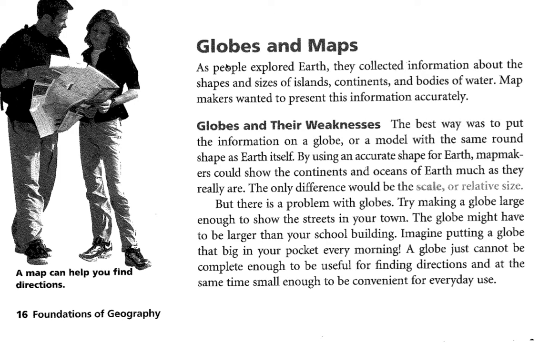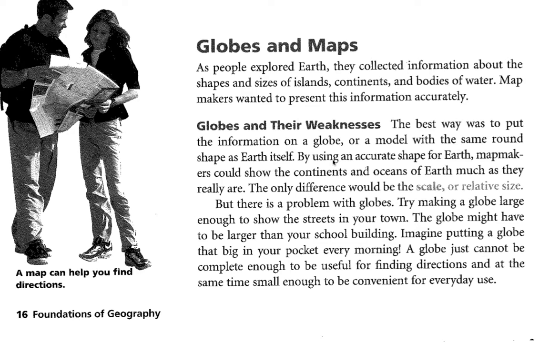Globes and maps. As people explored Earth, they collected information about the shapes and sizes of islands, continents, and bodies of water. Map makers wanted to present this information accurately. Globes and their weaknesses. The best way was to put the information on a globe, or a model with the same round shape as Earth itself. By using an accurate shape for Earth, map makers could show the continents and the oceans of Earth much as they really are.